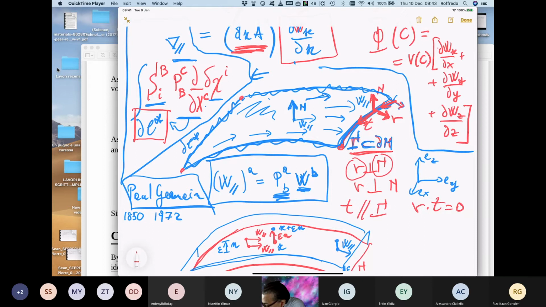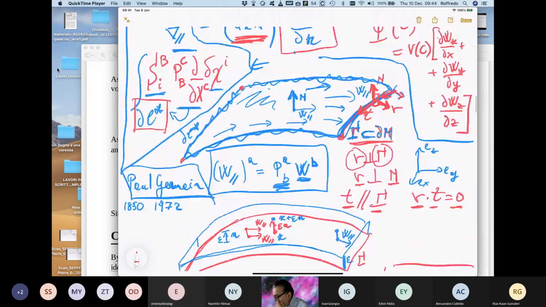It is also orthogonal to N, the normal of the surface. So T is parallel to gamma, and nu dot T is 0, because this is orthogonal. And nu is also orthogonal with respect to N. Okay, so even if this drawing is not very good, I think you have understood the geometrical situation.